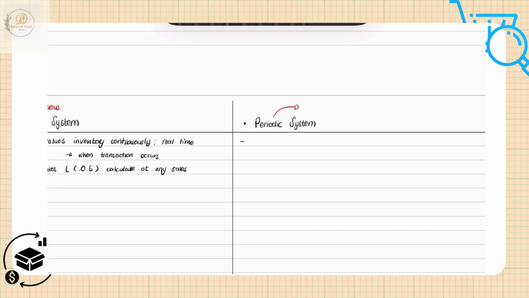There is a period for maths, for instance, and a period for English. At a certain point in time, you will have a maths lesson, and at a certain point in time, you will have an English lesson. There is a specific time. So it does not happen in real time. It is at a point in time.